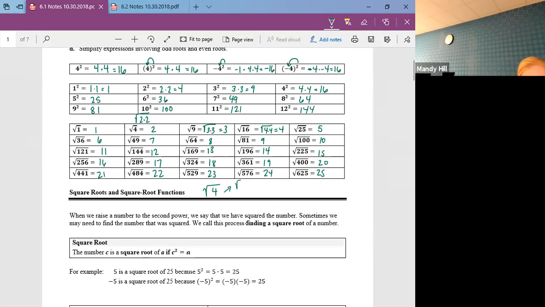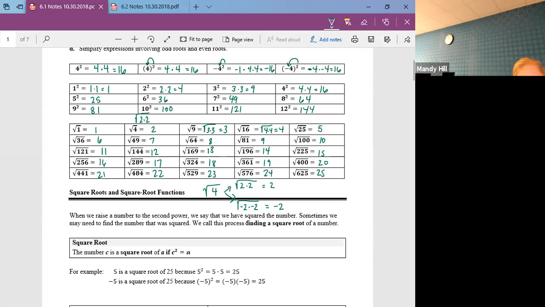One way is I know that 4 is 2 times 2, so the square root of 4 is 2. But also you have to recognize that -2 times -2 is also 4 because a negative times a negative is positive. So this actually has 2 answers, 2 and -2.